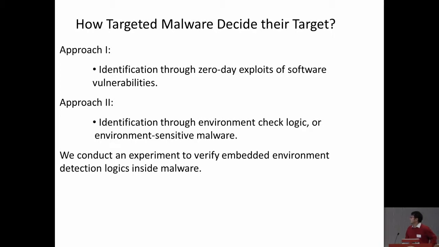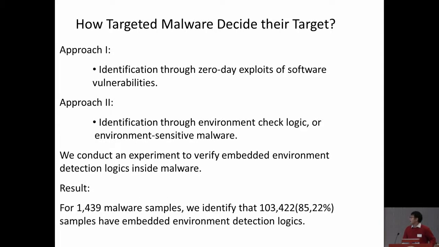So we conducted an experiment to verify whether common malware injects such environment detection logic inside of the malware or not. In our test batch, we have over 1,000 malware samples, and 85% of the samples have embedded such detection logic. To be more specific, we hooked a lot of Windows API calls, and we consider all these API calls to be related to environment detection.